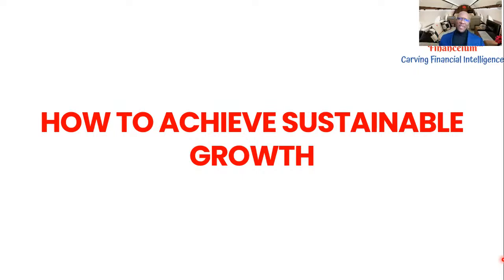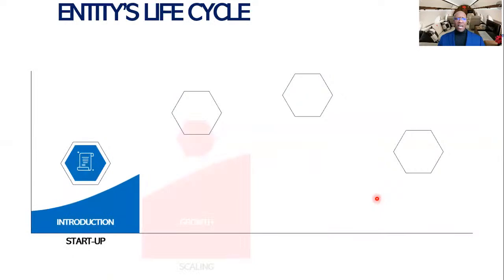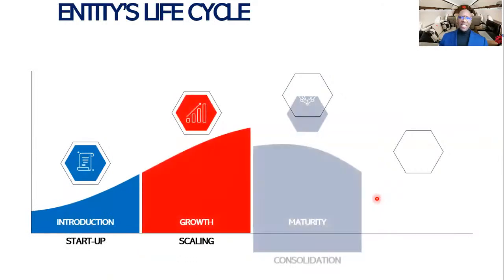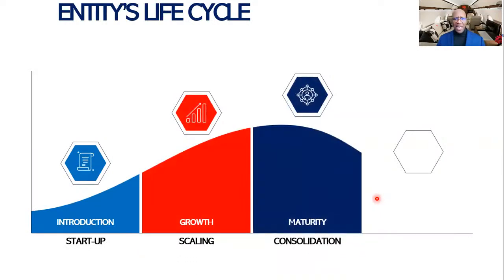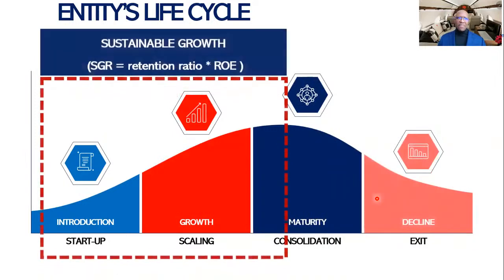So today I want us to talk about how to achieve sustainable growth. How do you make sure that we grow our entity in a manner that it does not jeopardize our business? Now, let's go through a normal entity's life cycle, through the startup, scaling, consolidation, and then exit.